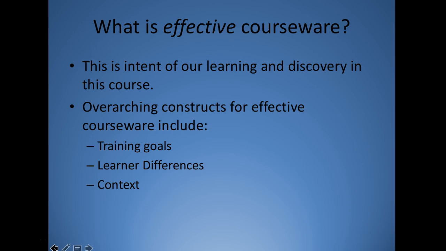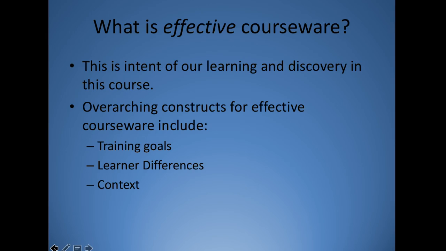And the last factor that we want to talk about is the context. That includes such issues as technical constraints of the delivery platform that you're using, the network, the authoring software, the policies related to the learning management systems that your learners might be using, cultural factors in the institutions, such as the acceptance of and routine familiarity with technology.